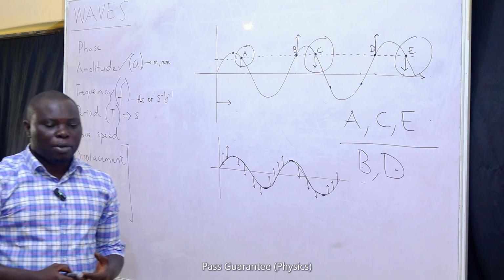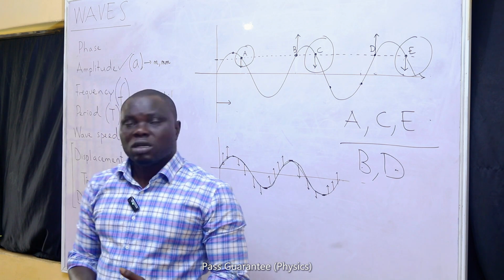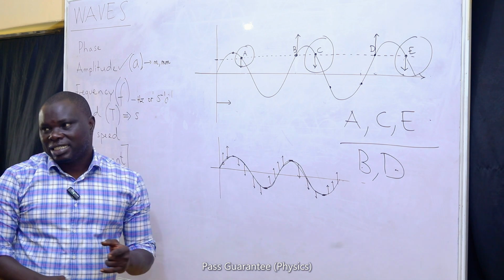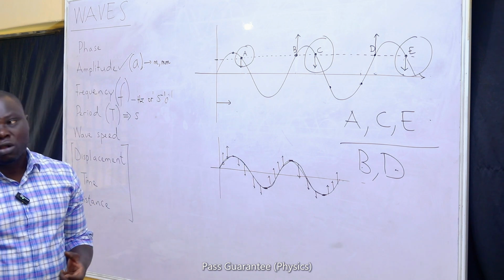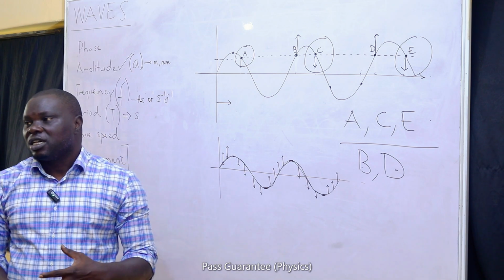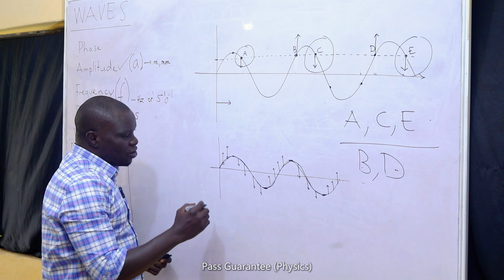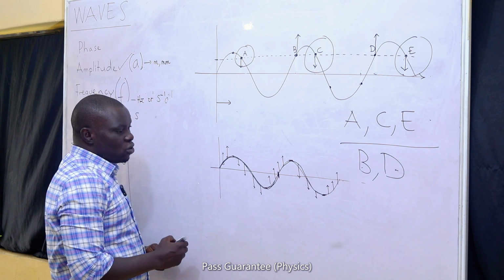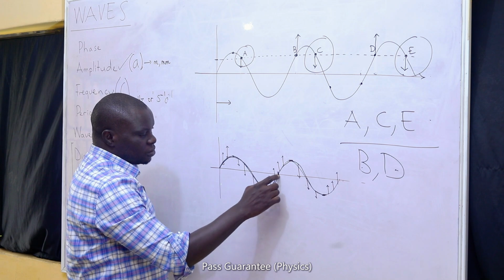Points that are in phase are points that have the same displacement and are moving in the same direction. Now, I must also tell you, the pattern between any 2 points that are in phase is a cycle. For example, we have already defined cycle as a complete pattern that has covered all displacements and all directions.